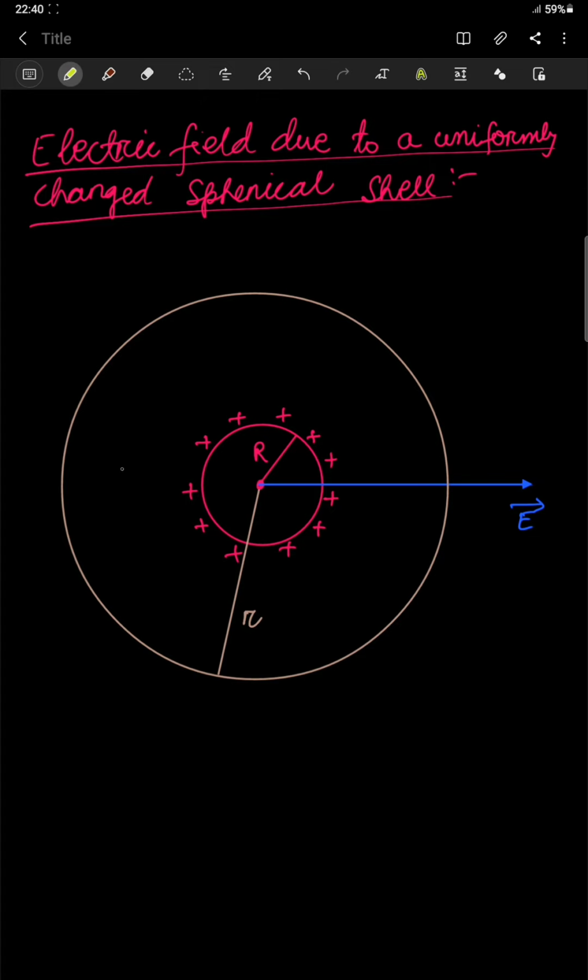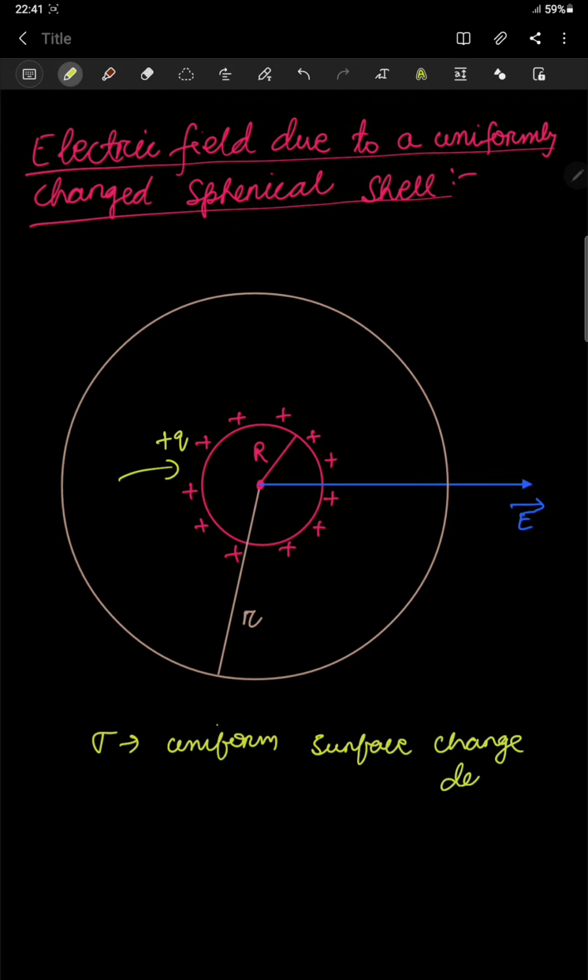To this I have given a charge plus Q, which is uniformly distributed over the spherical shell. The shell has a radius capital R, and sigma is the uniform surface charge density.